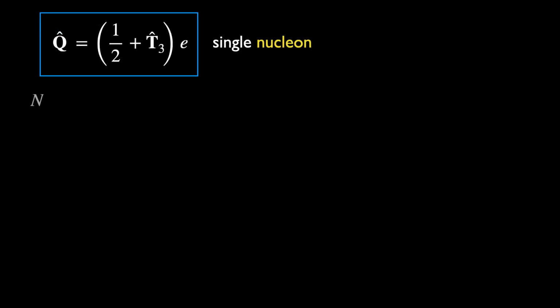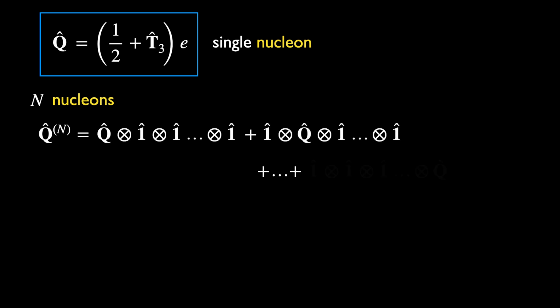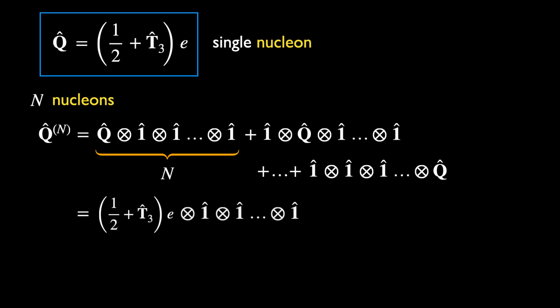Now let's extend this result to n nucleons. This is just the sum of all their individual charges. For each Q, we can use the single nucleon result above.